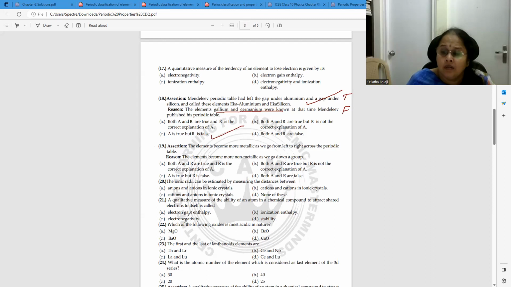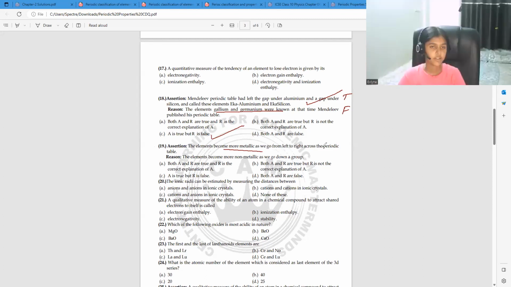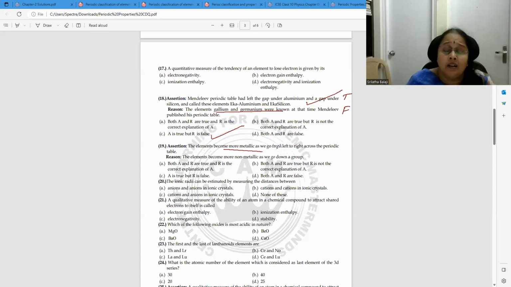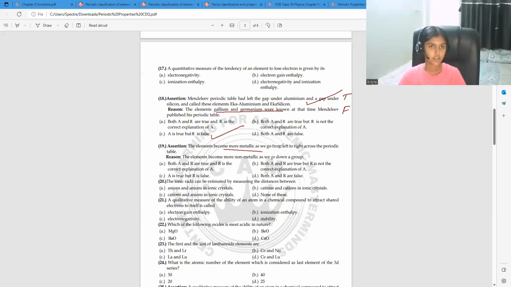Next, 19th one. Again, similar statements here. Elements become more metallic as we go from left to right. Is it true? What happens to metallic character across the period? It decreases. So they become less metallic.